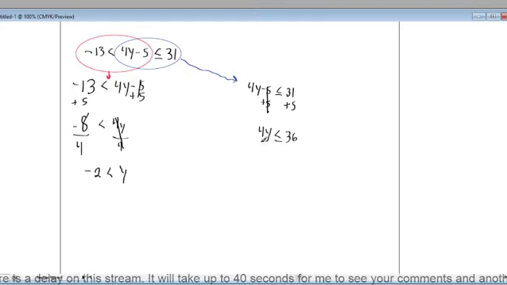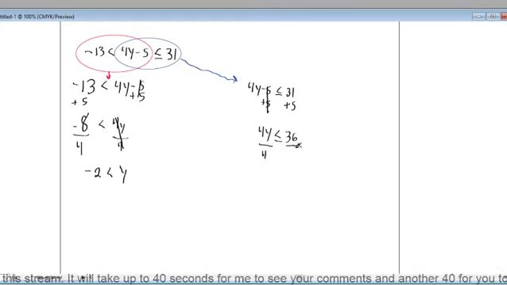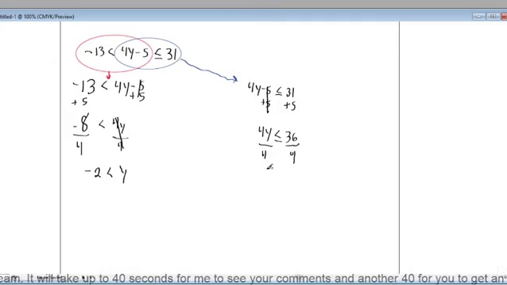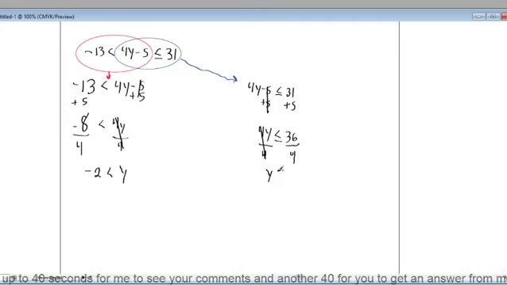Then divide both sides by 4. Again, that's a positive 4, so we don't need to worry about flipping anything. That leaves us with just y on this side, and that's going to be less than or equal to positive 9.